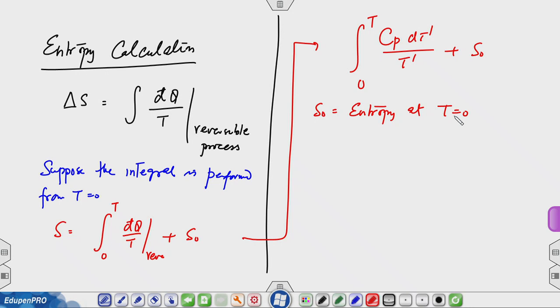And it is this S0 that the third law talks about.